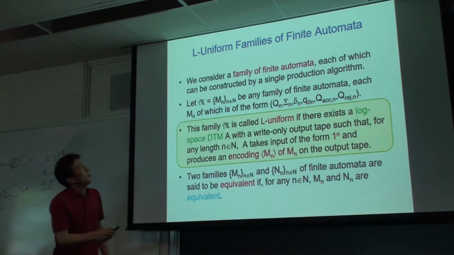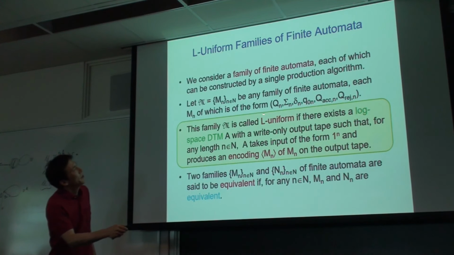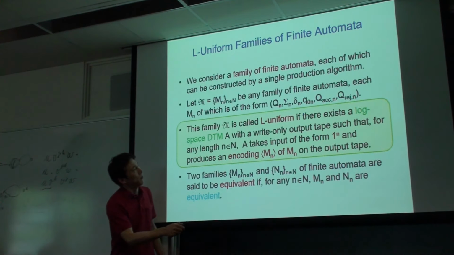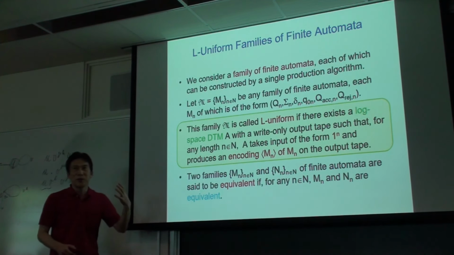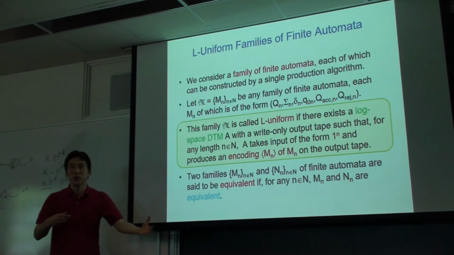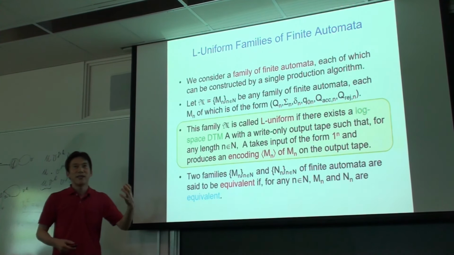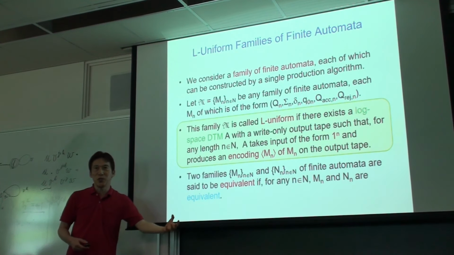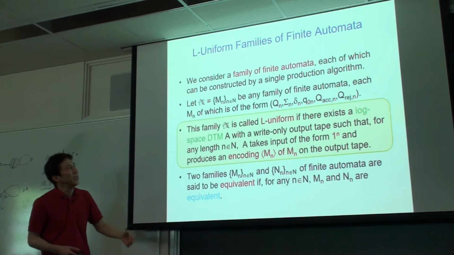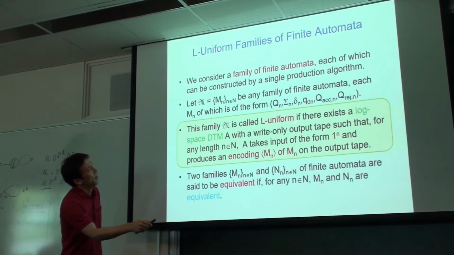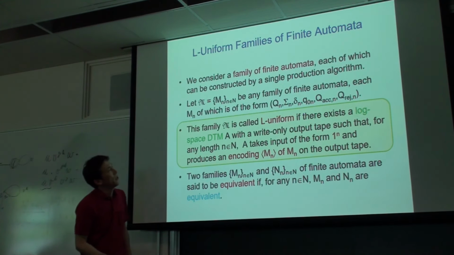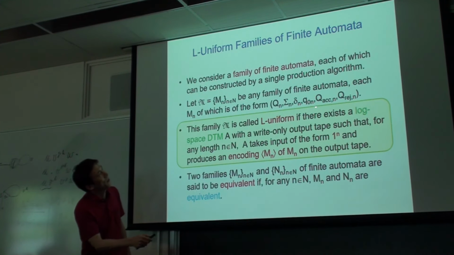Okay. So the family of the finite automata is called L-uniform. So this is pretty much similar to the circuit complexity, right? So when you talk about P-uniform or log-time, DLOGTIME-uniform circuit complexity. So we will use the L-uniformity to specify the family of finite state automata.